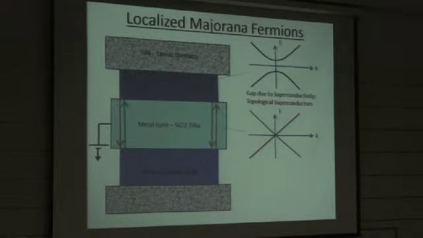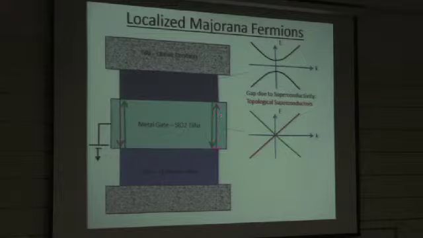To give you an indication of where these kinds of exciting excitations can emerge in this system, one needs to create a gap in these edge modes, these helical edge modes, in two independent ways. The first one is to generate a gap in the system using the proximity effect by coupling this system to a superconductor.